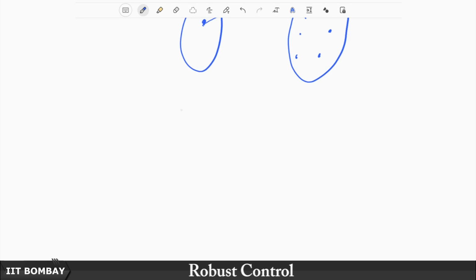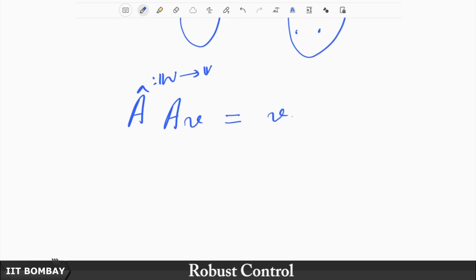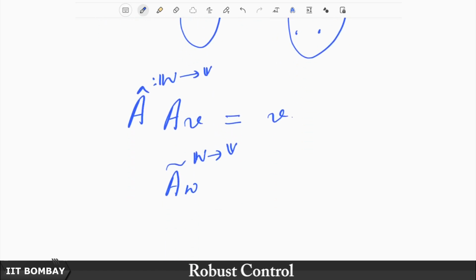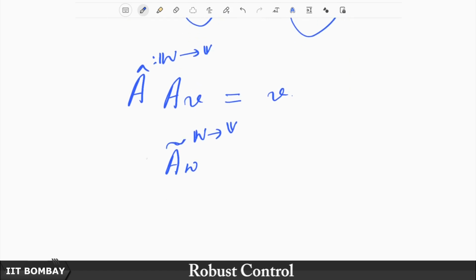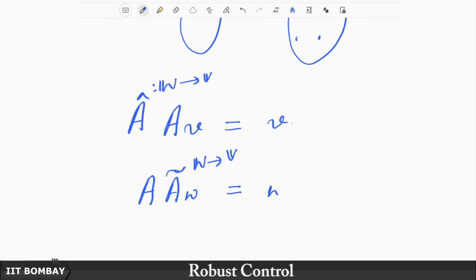One, you first pick out an element in V, hit it with the linear map A, and then there is another map A hat, a mapping from W to V, which takes you back to V. The other thing is, suppose you have a map already defined, A tilde, from W to V. You take any element in W, hit it with this map A tilde, and then hit it with the linear map A, and suppose this takes you back to the element in W itself.